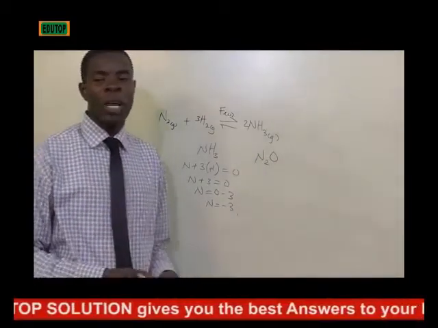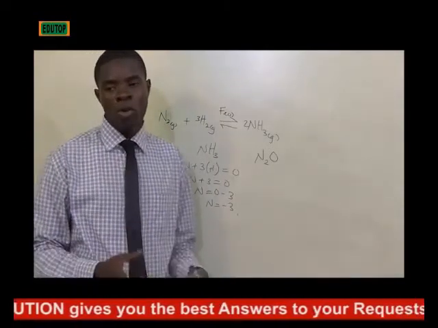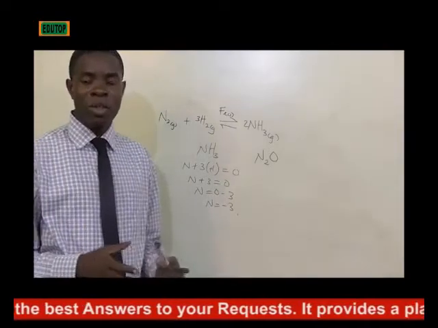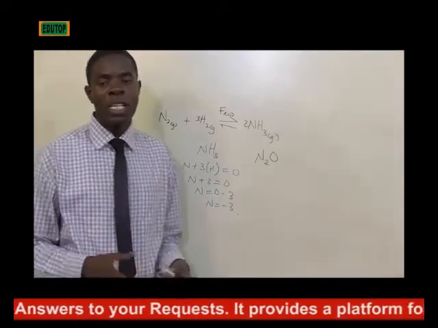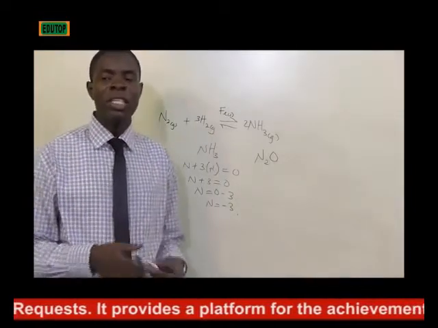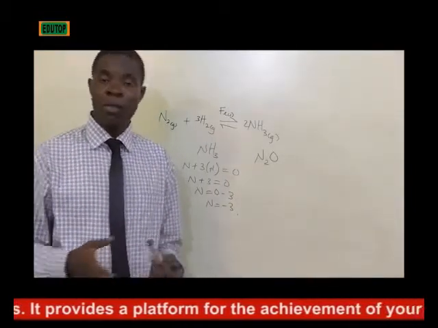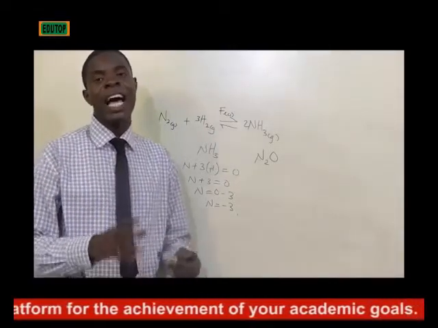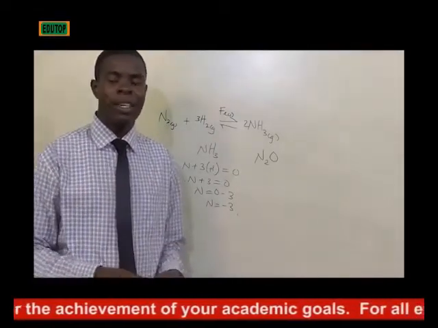So option A is wrong. B. Nitrogen 2 oxide is not an alkaline gas. Nitrogen 4 oxide is not an alkaline gas, but it is an acidic gas.